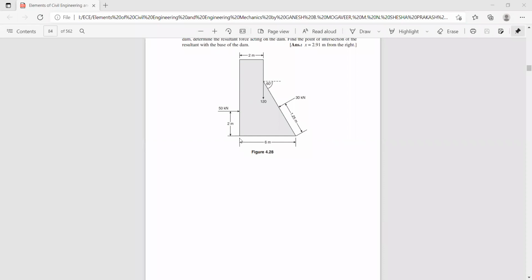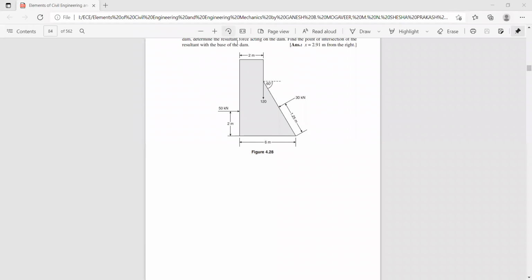So here somewhere the height is somewhere here. So that is the y-intercept, whatever it may be. The formula remains same, either it is x-intercept or y-intercept. So the resultant is cutting like this, and it is making an angle somewhere around 79.9, and the x-intercept value is about 2.9.